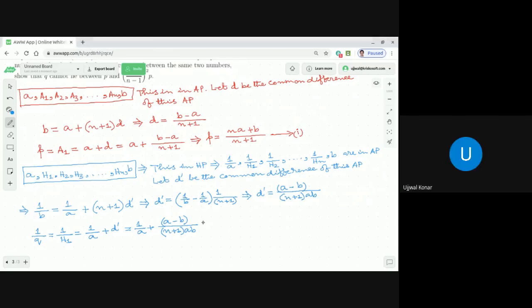So from here what we get is that 1 by q is equal to n into b plus a, divided by n plus 1 into ab. Do you agree with me? Correct or not?